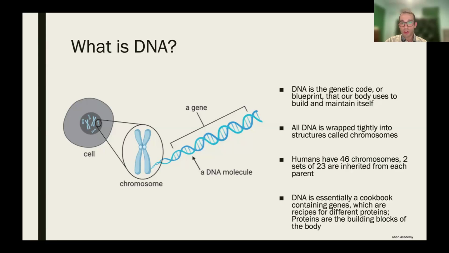And within each chromosome are thousands of genes, genes being small pieces of DNA. These genes encode instructions for proteins, and proteins are the building blocks for your body. So you can imagine, some DNA mutation then causes a protein to be made incorrectly, and that then causes some issue with how your body normally functions.